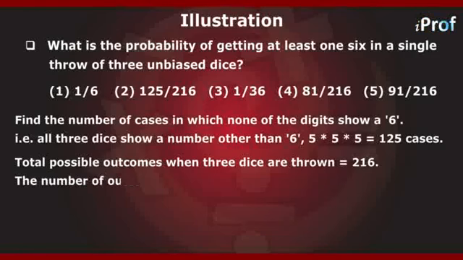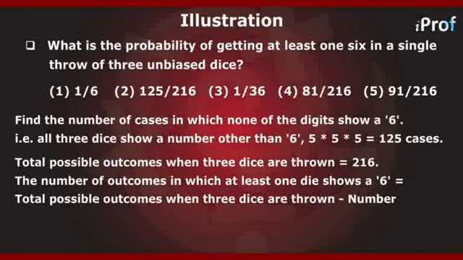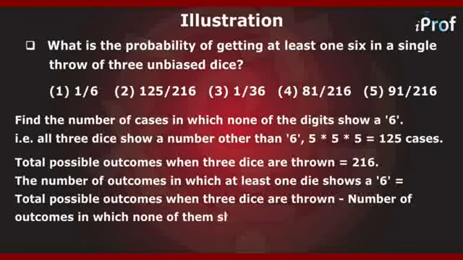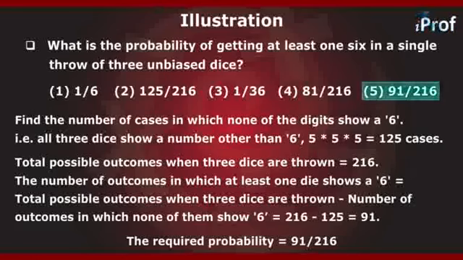The number of outcomes in which at least one die shows a 6 is equal to total possible outcomes when 3 dice are thrown minus number of outcomes in which none of them show 6, which is equal to 216 minus 125, which gives 91. Therefore, the required probability is equal to 91/216. Hence, the correct alternative is option 5.